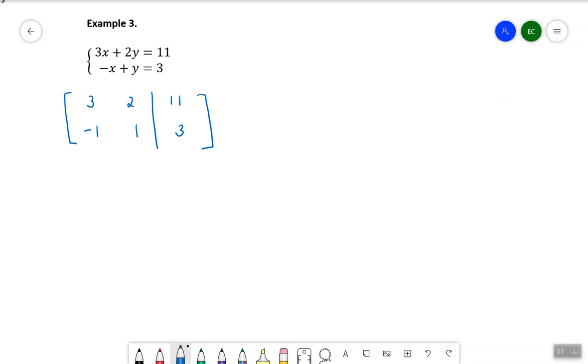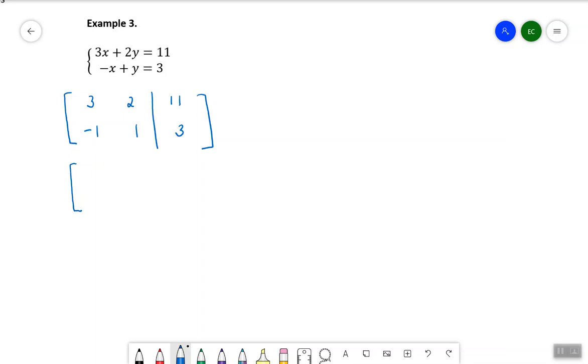And then we want to get a 1 where this 3 is, and we could just multiply the first row by 1 third, and that would be fine. I would encourage that. But this is one time where you might be able to avoid the fractions if you use a different transformation.